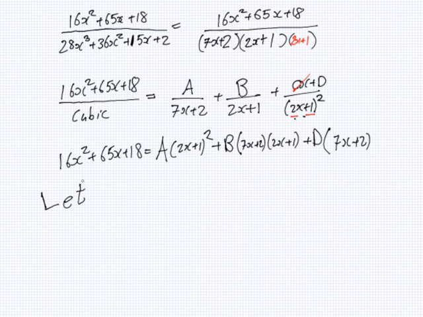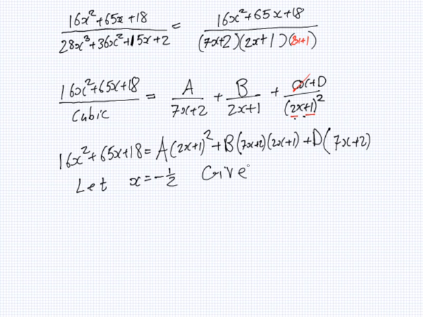I won't do the next step fully, but I will say what values of x to choose to get the a, b and d. Right, so firstly, if I make x equal to minus a half, that will give me what? A, b or d? D. It'll give me d.